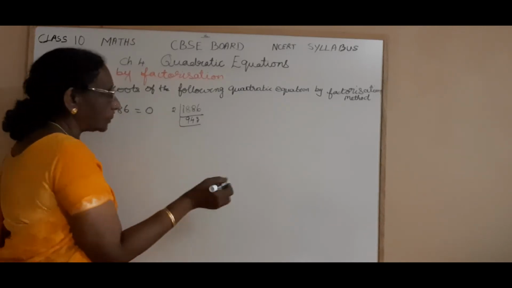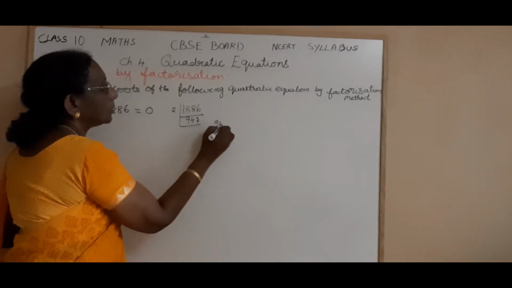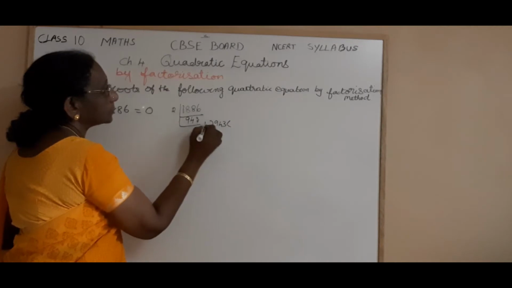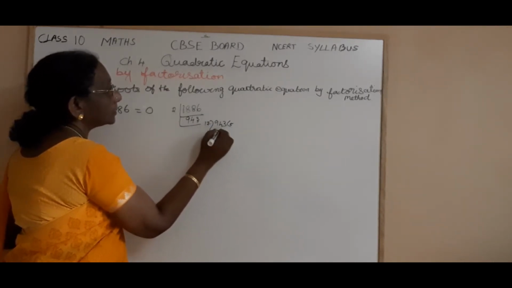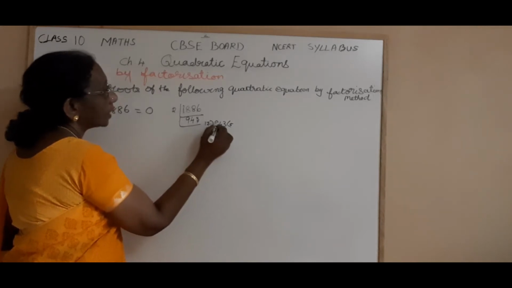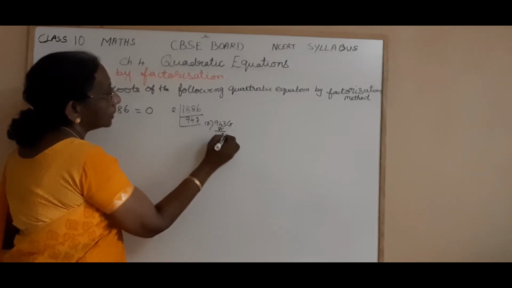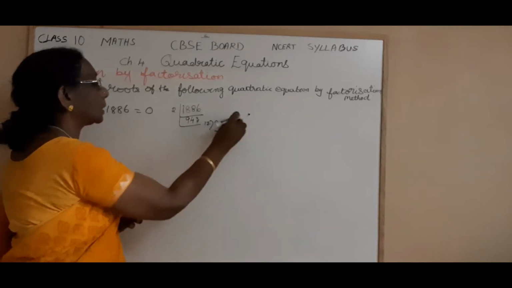What's the next prime number? 17. So divide by 17. And 17 5s are 85. So here 9, 3. No, it's not divisible by 17 also.